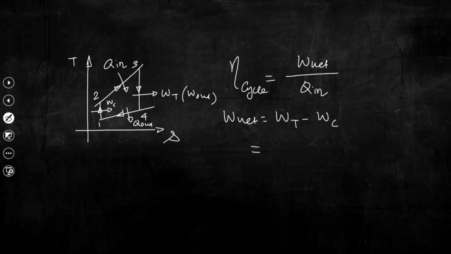So, what is W turbine? You can see from this TS diagram that it is Cp into T3 minus T4.